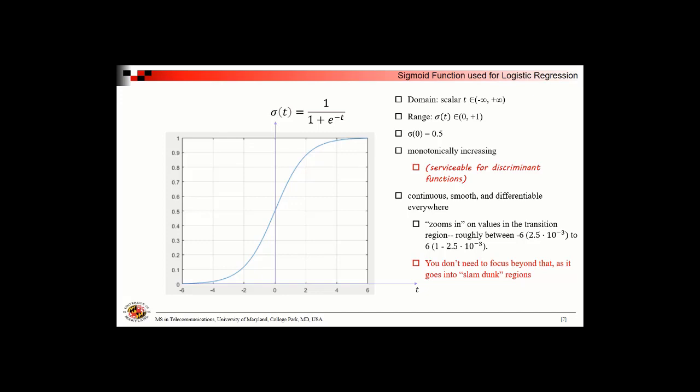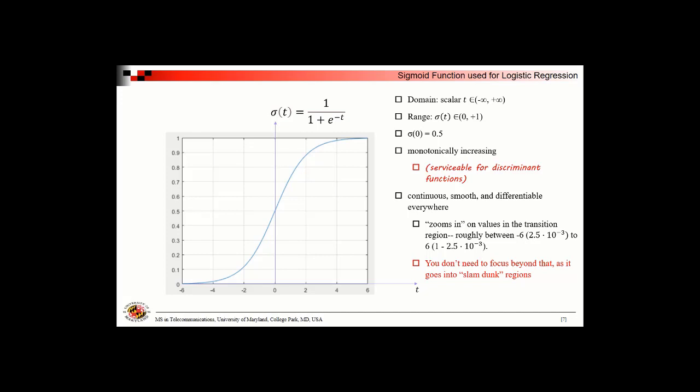The nice thing about the sigmoid function is that it zooms in on values in the transition region. In other words, the area near the boundary, roughly between -6 to +6. At -6, the value of the sigmoid function is about 2.5 times 10 to the negative 3. And at value 6, it's 1 minus 2.5 times 10 to the negative 3.